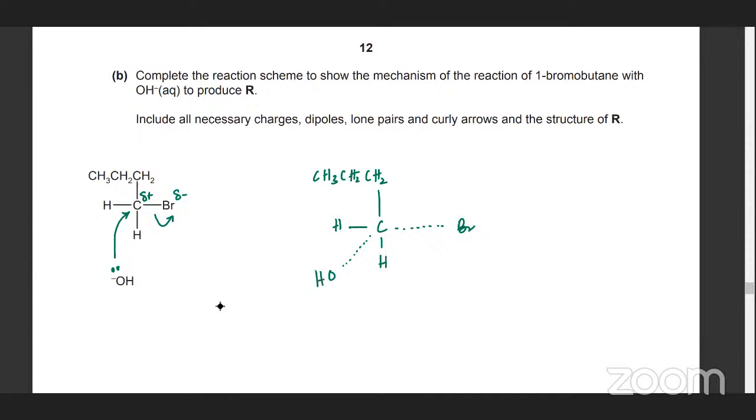And the OH would start to join in. And this entire thing would have a charge of -1 because the OH is -1. And in the next step, the Br would eventually take its electrons and it's going to leave. So that's the next step.